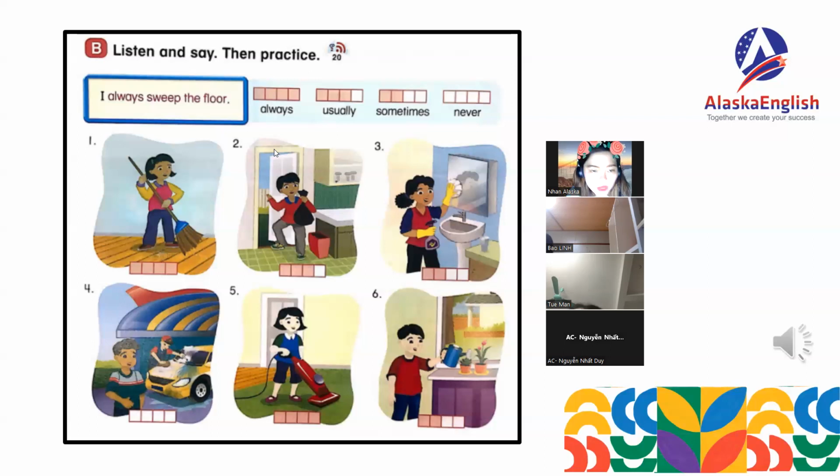How about number two? Let's have a review, even though we're done in here. Let's finish it up. Number two, how can you make a sentence, Baoling? I usually take out the garbage.